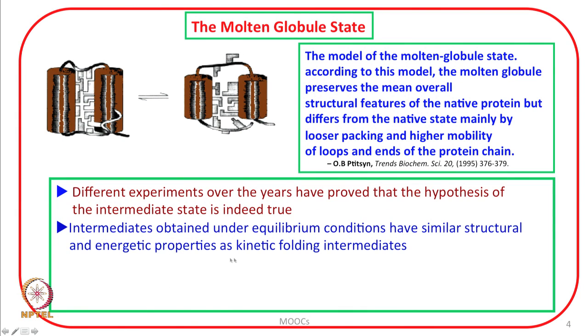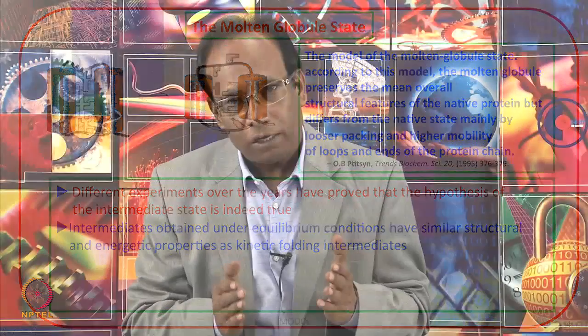Intermediates obtained under equilibrium conditions have similar structural and energetic properties as kinetic folding intermediates. This comment is based upon the literature information. Since protein folding is a very fast process, if we can isolate the intermediate states under equilibrium conditions, it becomes easy to study those.